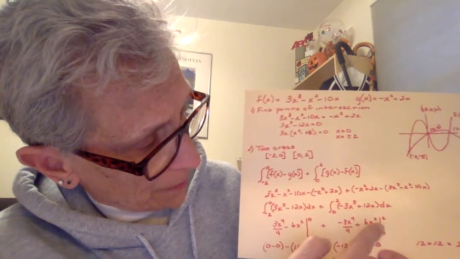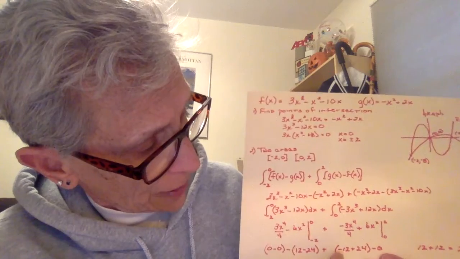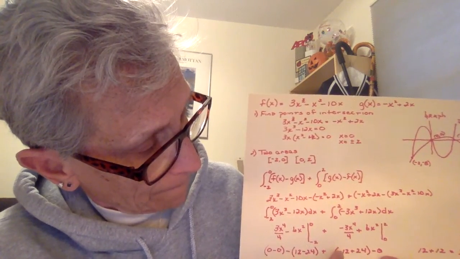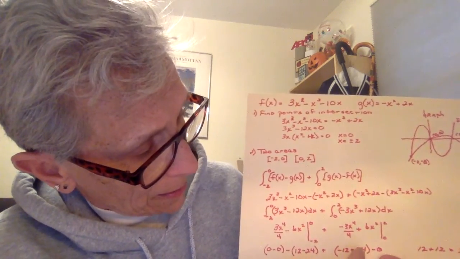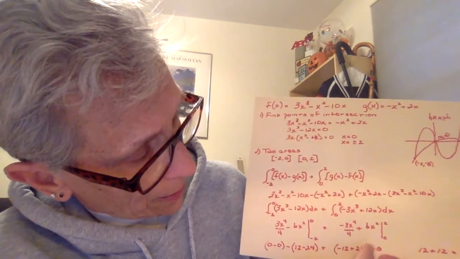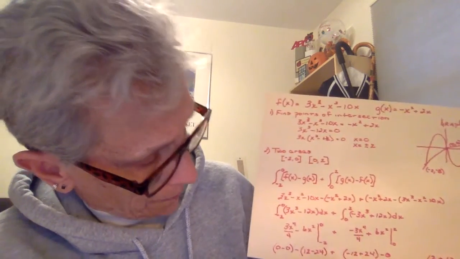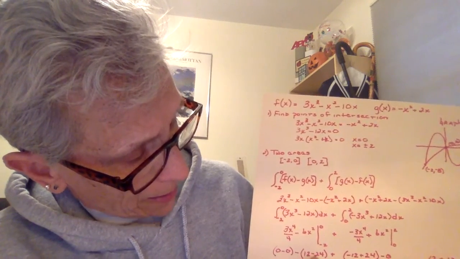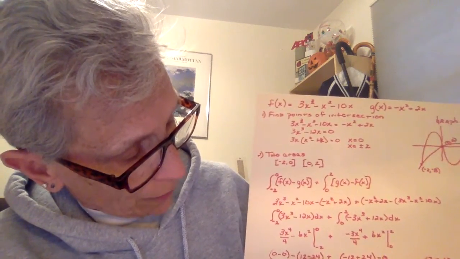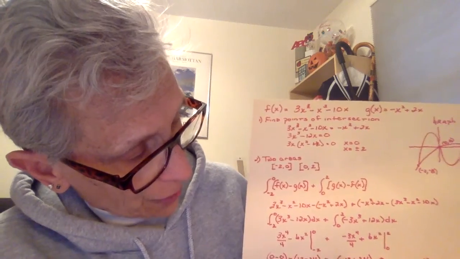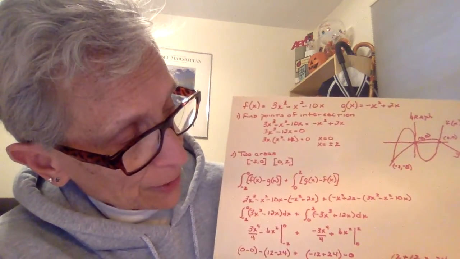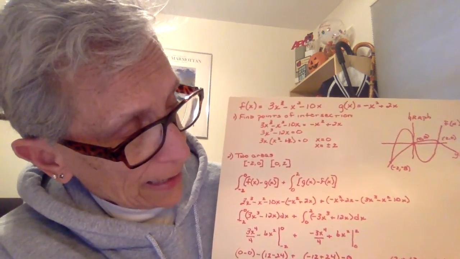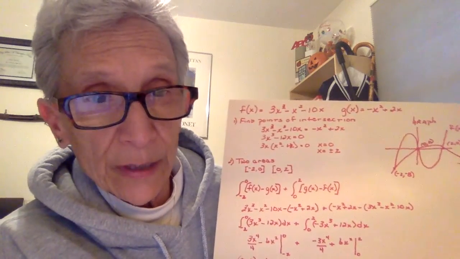Over here, I did the same thing, but I plug in 2 first and get -12. I plug in 0 and get 0. So I end up with, over here, getting a minus -12, which is 12, and over here 12. So if I add my two integrals together, I get an area of 24 square units.